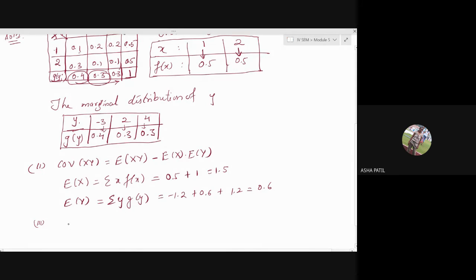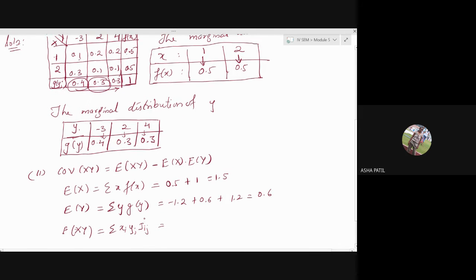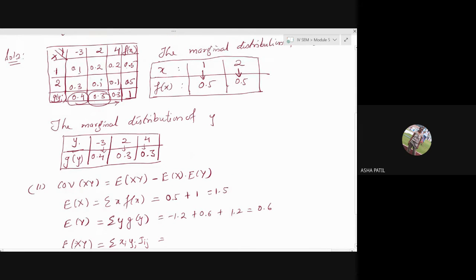Next one, expectation of xy. Summation xi yj into pij. See that you do it correctly.